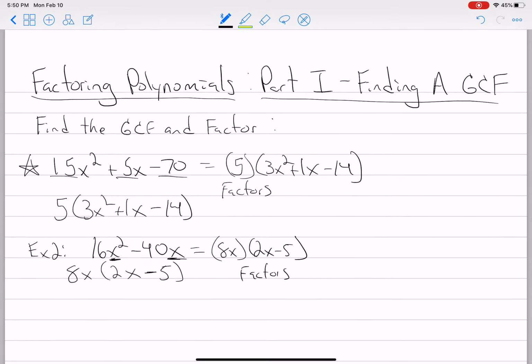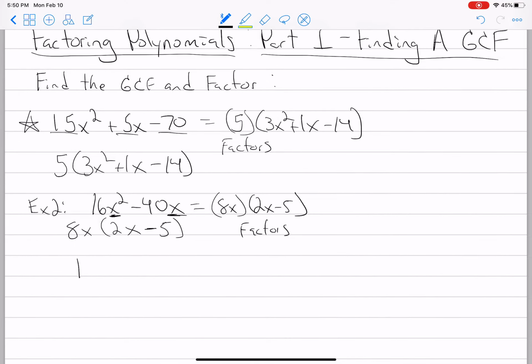For your homework, you had a handout. So the homework handout is on separate paper. So it's not going to be in your notebook. It's going to be on separate paper.